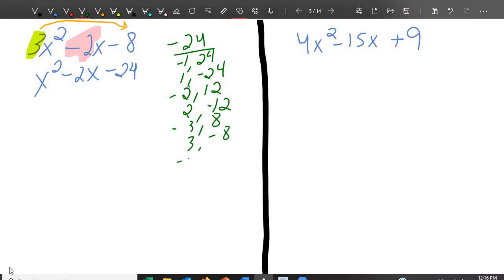Alright, and then we get -4, 6, and positive 4, -6. So, the two that give me -2 will be the 4 and the -6. So we're going to put a positive 4 in one, -6 in the other.